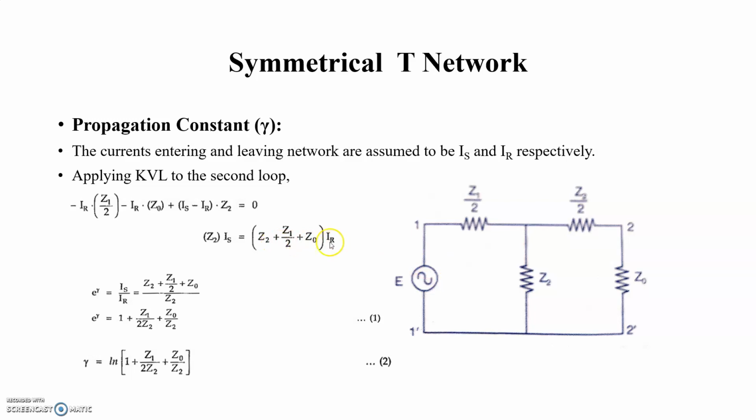Simplify this equation and find IS by IR, which is equal to e power gamma. So you find gamma is equal to the natural log of this. This is the propagation constant for the symmetrical T network.